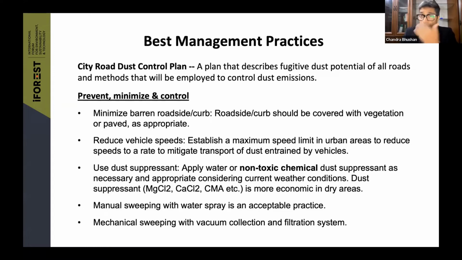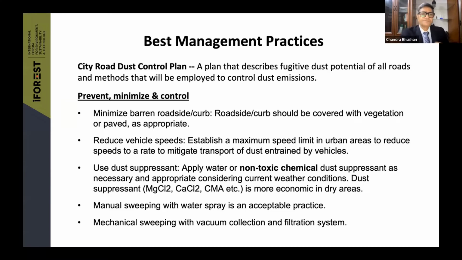There is no other way. And paving can be from a porous material, so that water can recharge into the ground. Groundwater is also an important resource. Or where appropriate, you can also have proper non-porous paving material. But we cannot have in our cities roadsides which are open and a major source of dust.